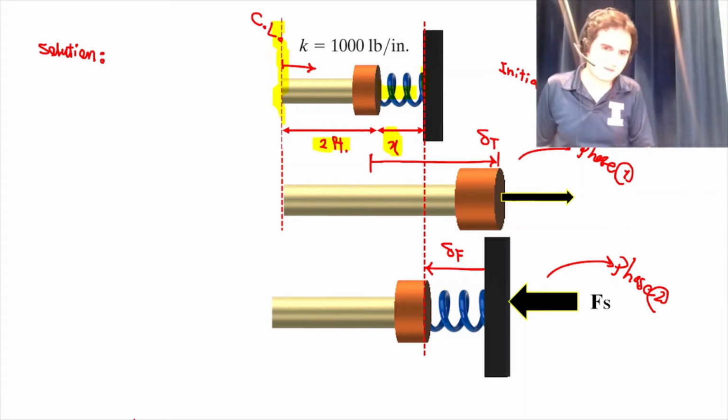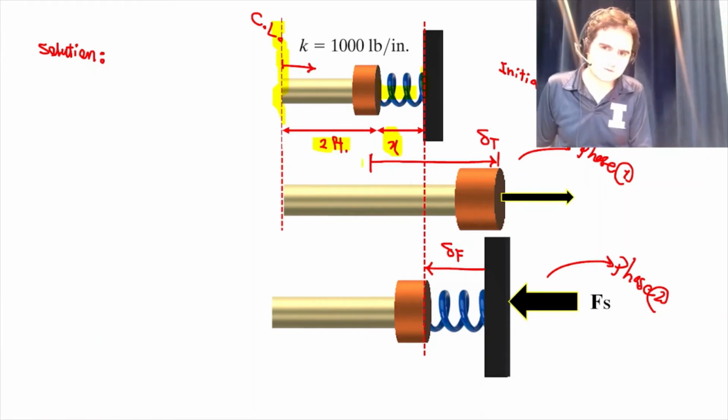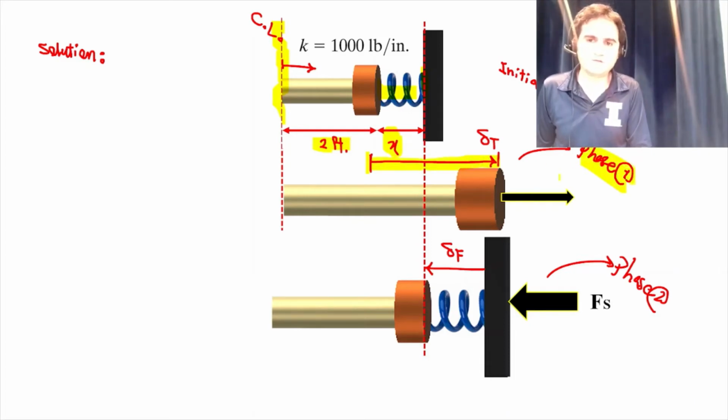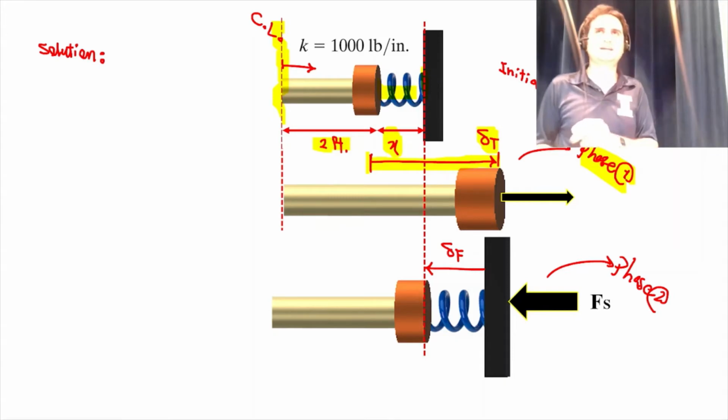That's phase 1, the departure point, due just to temperature, delta T.